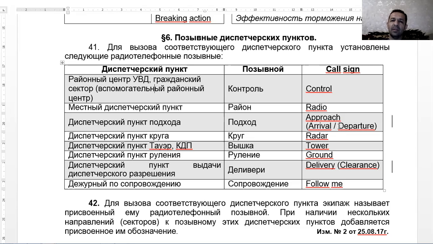For example, we are learning about Uzbekistan government control units. Tower can be in Tashkent, tower can be in Bukhara. In Tashkent, it is responsible for landing and takeoff operations for aircraft.